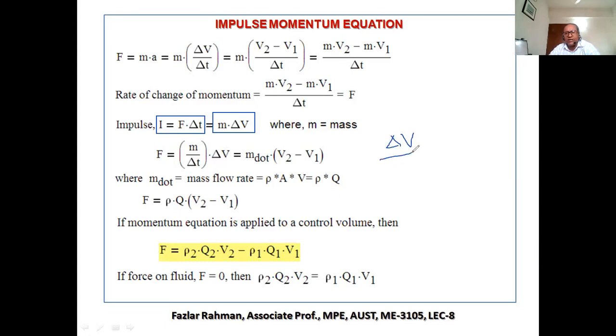remains constant, right? For example, you're driving a bike at 60 miles per hour and hit a tree. So your mass is not changing, right? It remains constant. But what is changing? Your acceleration.